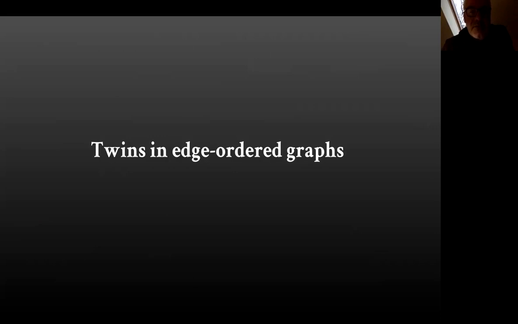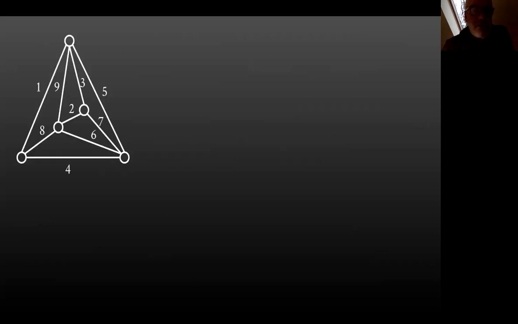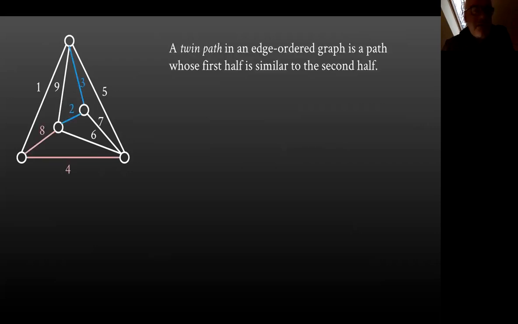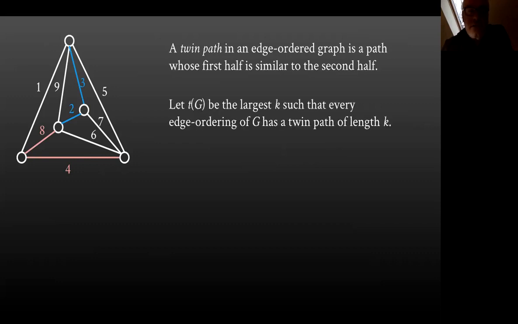Some quite nice problems you can find in edge-ordered graphs, which is closer to the topic of permutations. For instance, we are given a graph with some labeling of its edges, an enumeration of edges, and we can look for twin paths, which are simple paths such that the first half is similar to the second half in the sense of similarity of permutations.